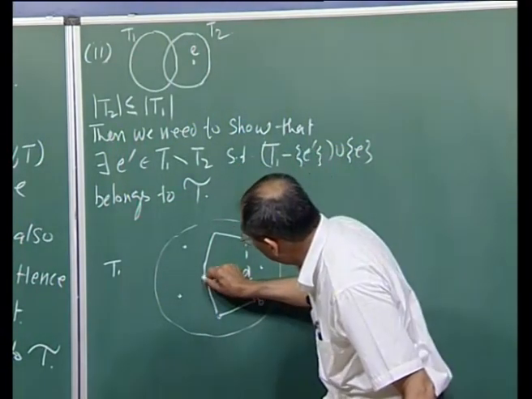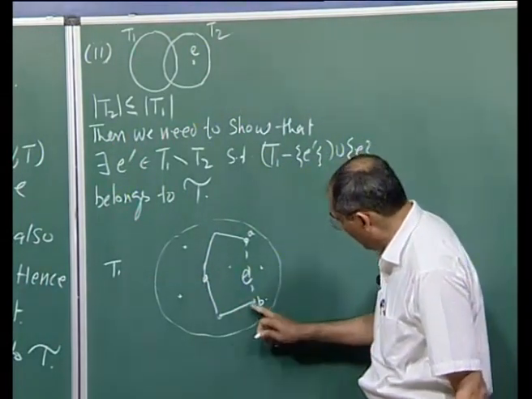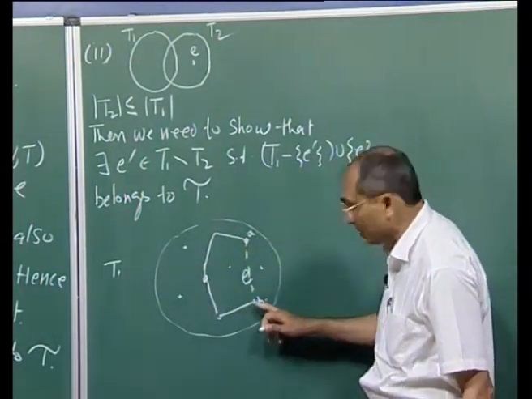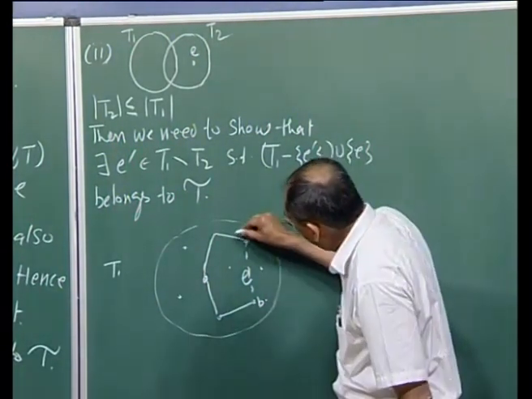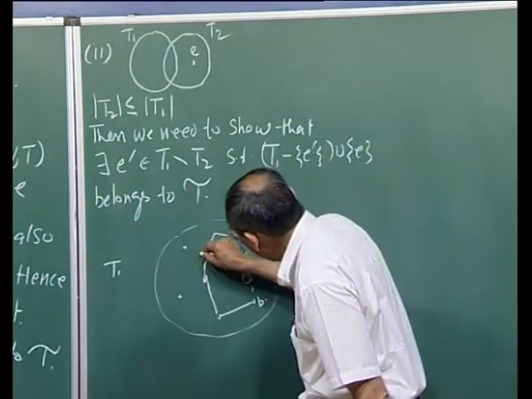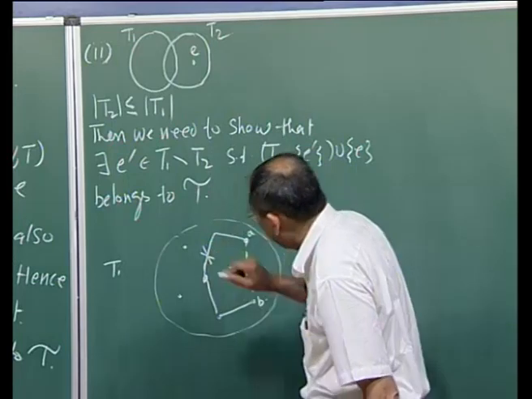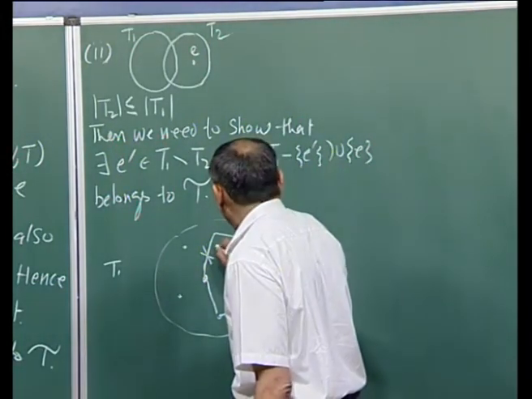The solid edges are members of T1, and now by putting E we have formed a cycle. In this case, suppose we delete any one of these edges, call it E prime.